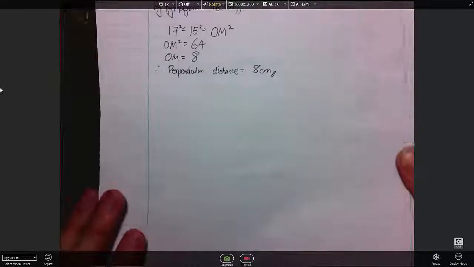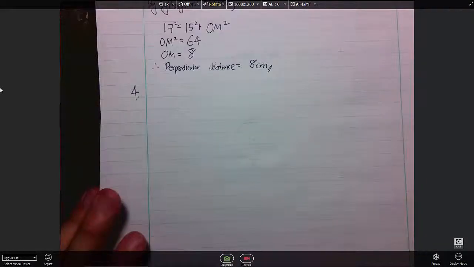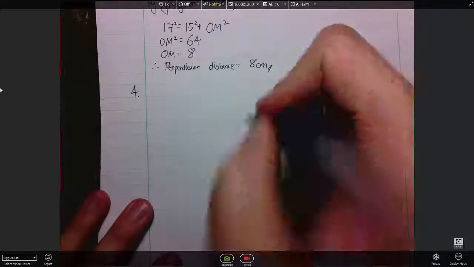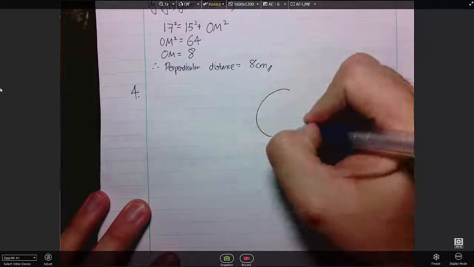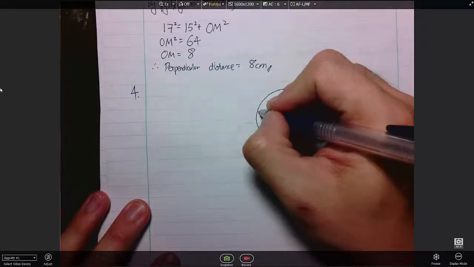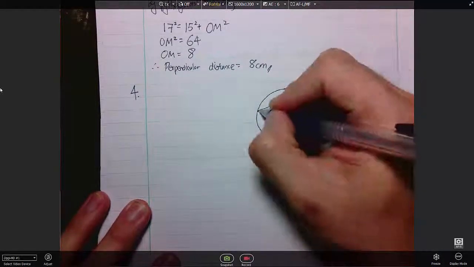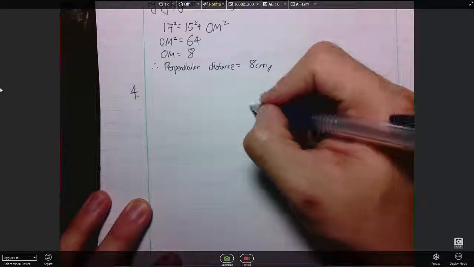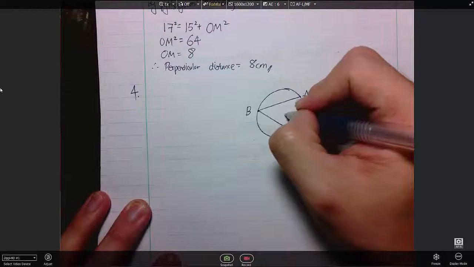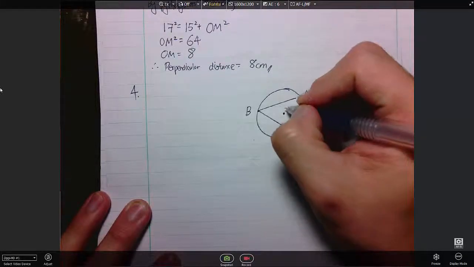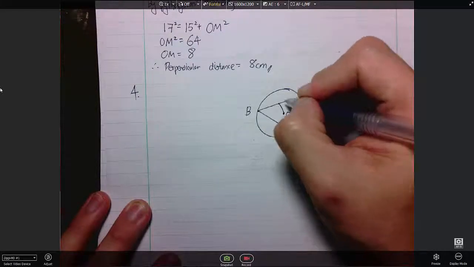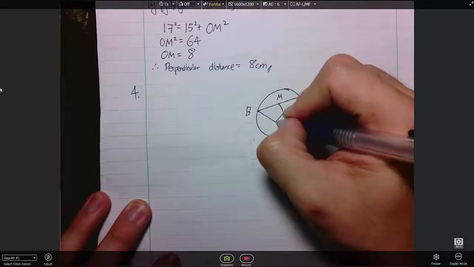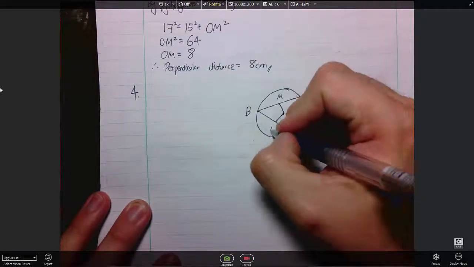Now we move on to the next example, question 4. Let's draw the diagram out now. We have again A, B, C, then we have a center. This portion here is called OM. This portion here is called ON.